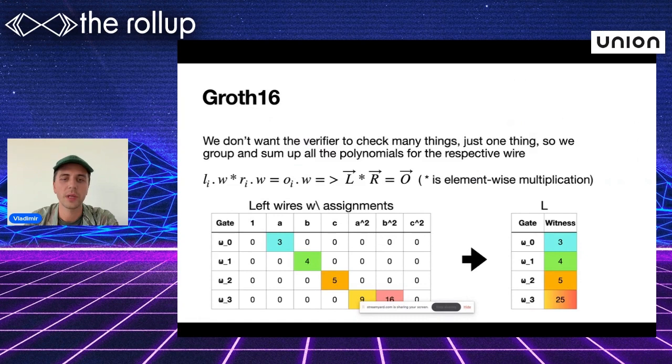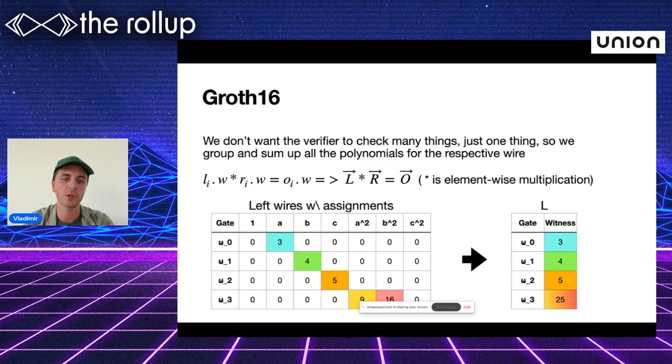Next, what we'll do now is we want to squeeze all the tables from the sides to make it a little bit more concise and easier for the verifier to check, because we want the verifier to do as little job as possible. So we moved from the element-wise multiplication of the scalar products to element-wise multiplication of vectors, such as the L to the right here.